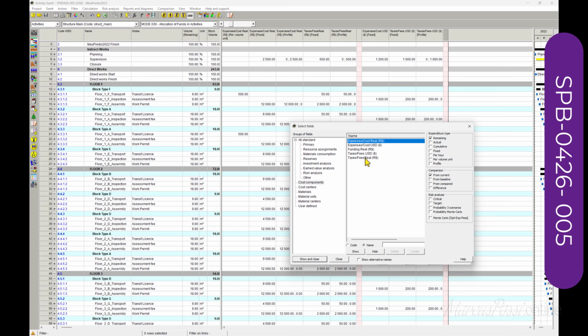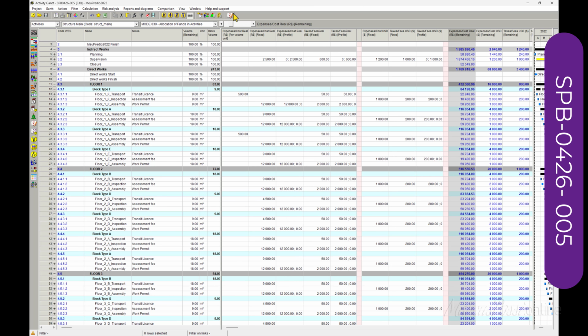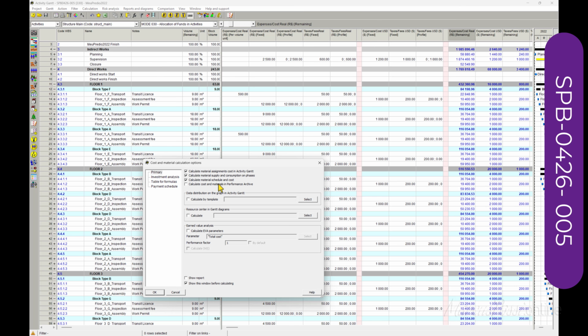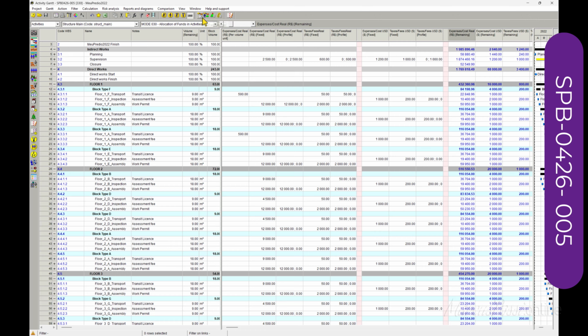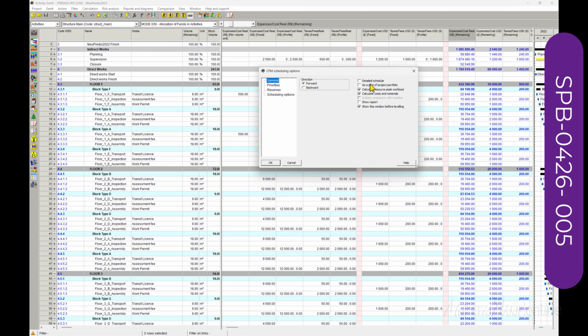Expenses, costs, and dollar fees, okay, remaining. I will calculate it again. I'll check if everything is okay. Calculate. Calculate assignment, supply, calculate schedule, okay, instrument analysis, and I have to calculate it, okay.